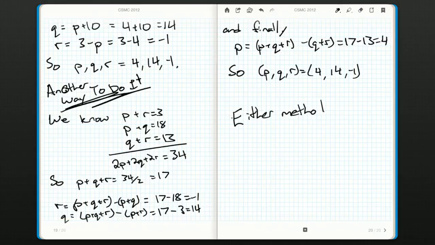Now, if you're doing this contest and you come up with 2 different ways of doing the question, pick the one that you think looks coolest, looks most elegant, and that you have the most confidence in. Do not write 2 different ways to do a final answer. You will only end up confusing the markers.